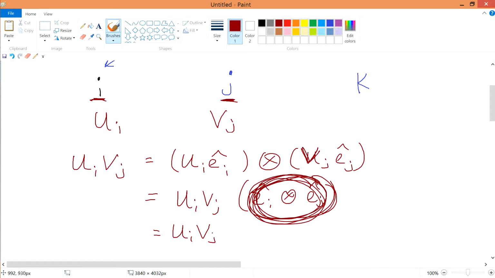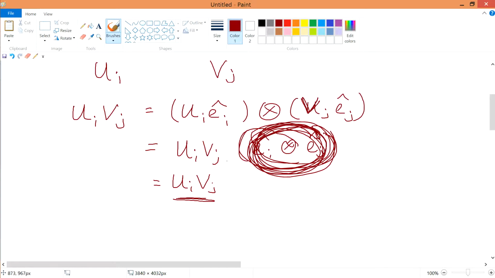That's all. If you want to talk about how the spaces interact, this is how they interact. I'm not going into details, but I just want to show you that ui vj is being derived like that.